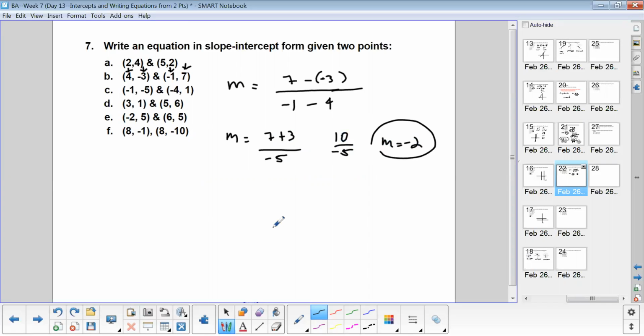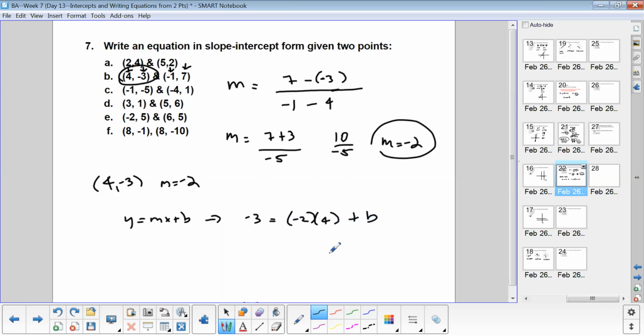And now you get to pick. Do I want to choose this ordered pair, or do I want to choose this ordered pair? So I'm going to choose this one. So 4, -3 with a slope of -2, and I'm going to substitute into this equation. So y is -3, the slope is -2, the x value is 4, and I'm looking for the intercept.